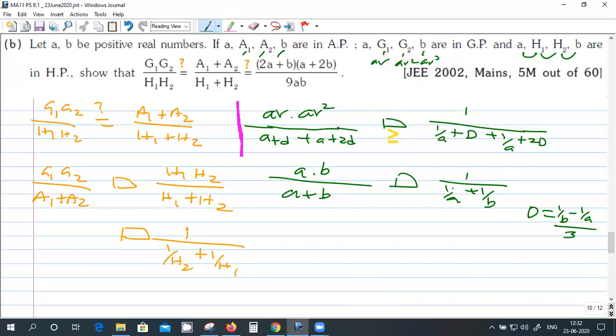And these two are equal, right? So the first thing is proved. Now we do the second one.